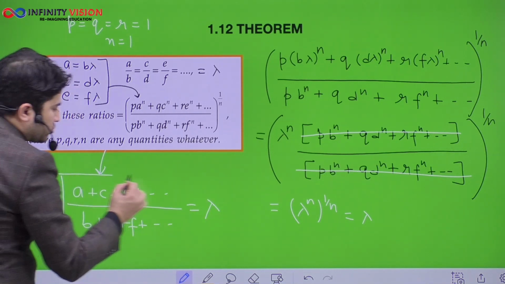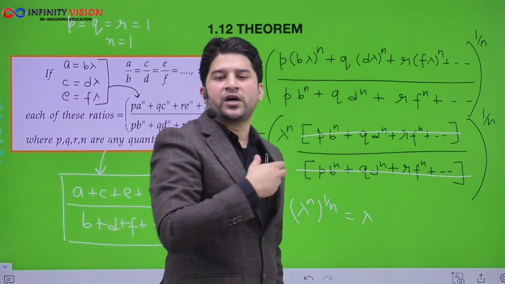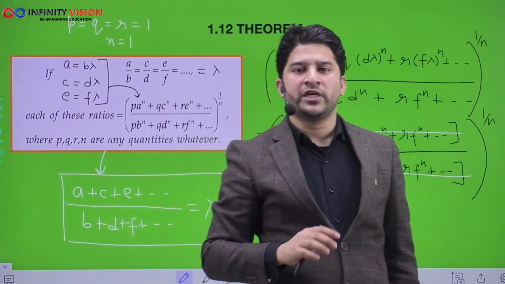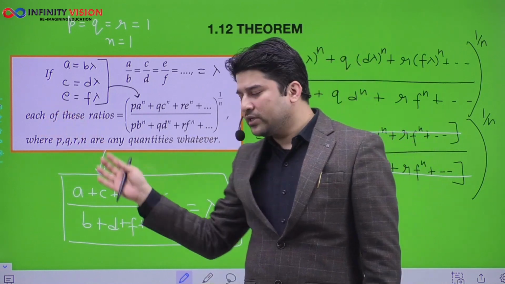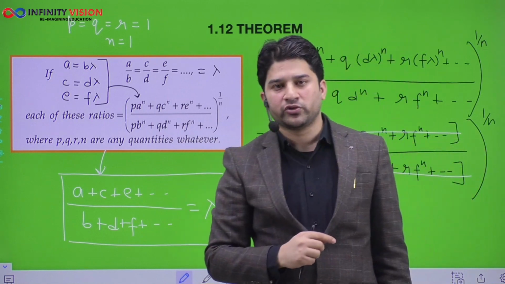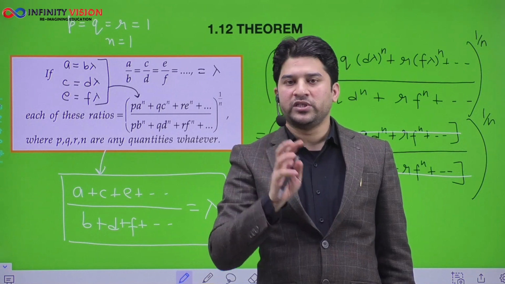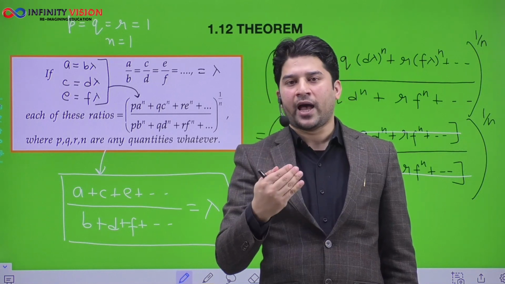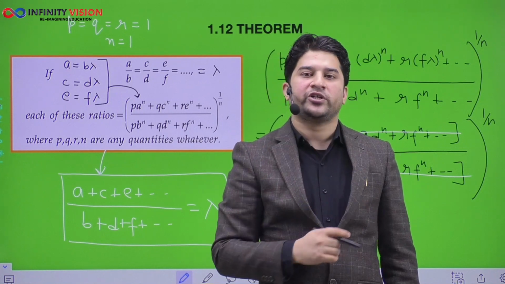So you can also say that if you have continued equal ratios, then the sum of the antecedents upon the sum of the consequents would also be equal to that ratio. These are two very important results which you need to keep in mind, because they act as tools in solving many of the problems related to ratio.